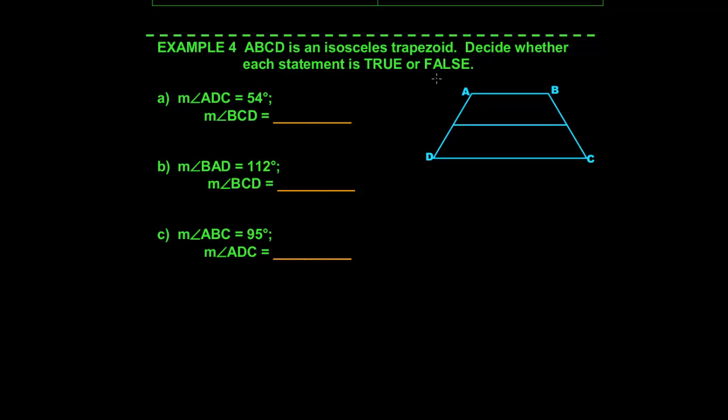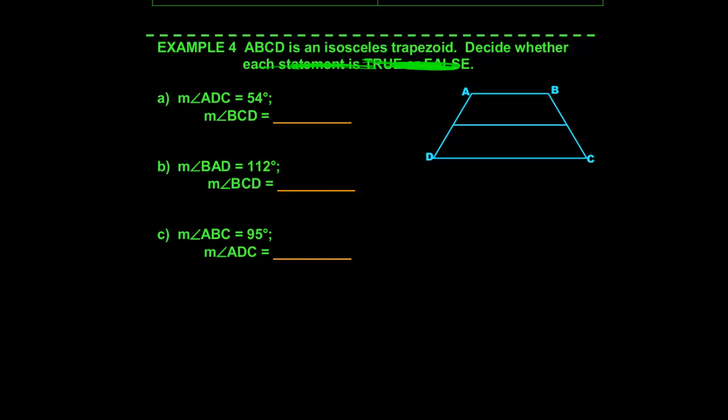I don't know why it's asking us that, because what it's actually asking for is our measures. So let's go in our notes. Maybe I'll cover it up here. I'm not worried about this. I'm not going to define whether or not they're true or false. We're going to actually find what our missing value is.